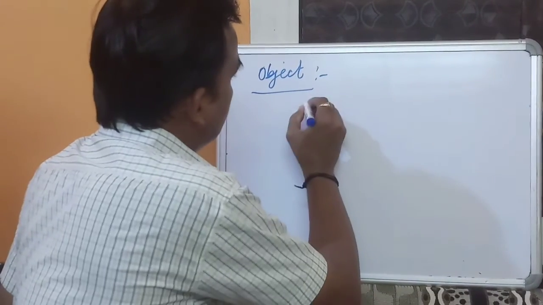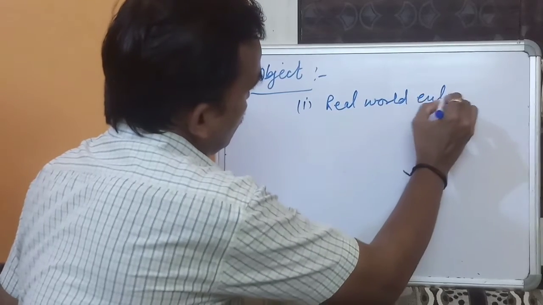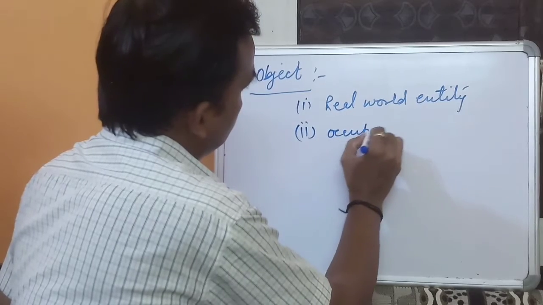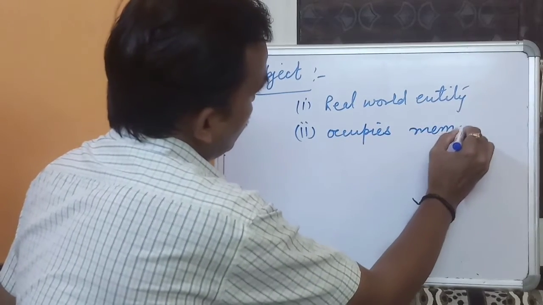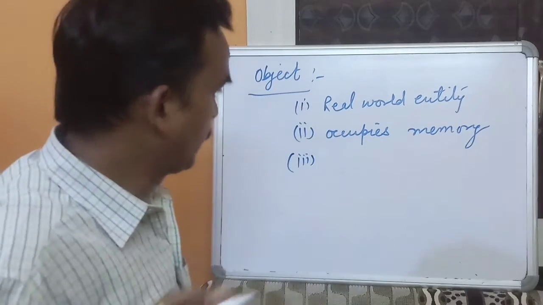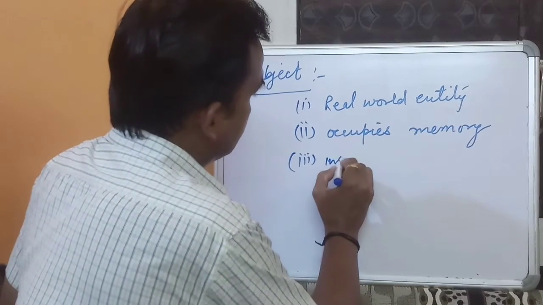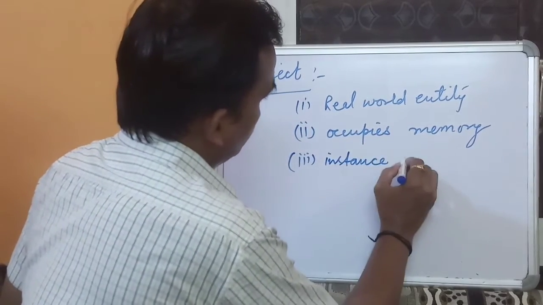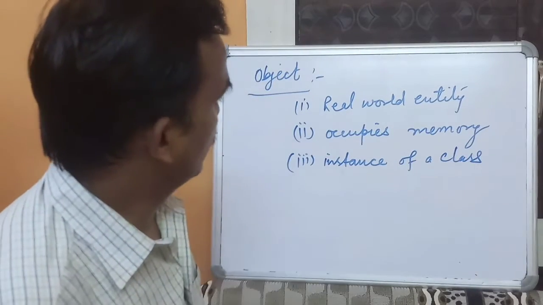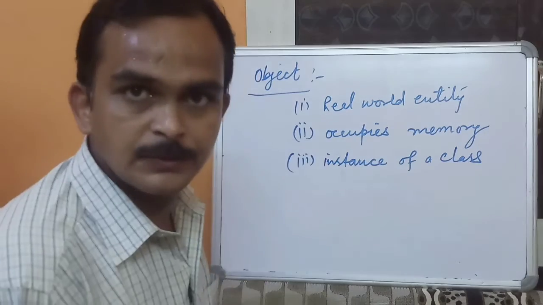An object is a real world entity. It occupies memory, and it is an instance of a class. These are the main features of an object.